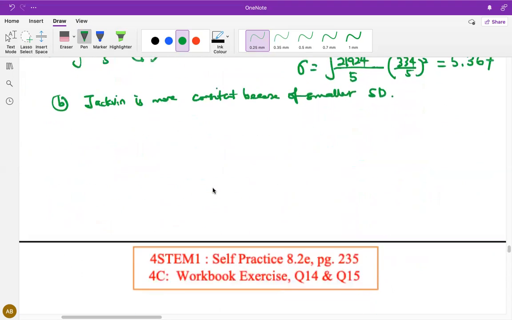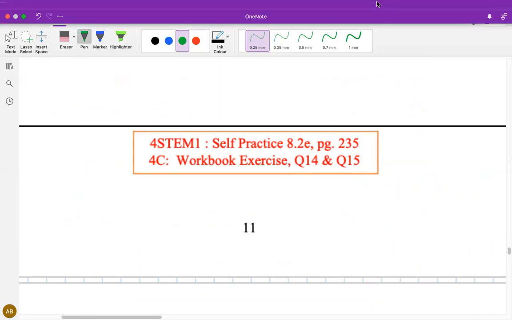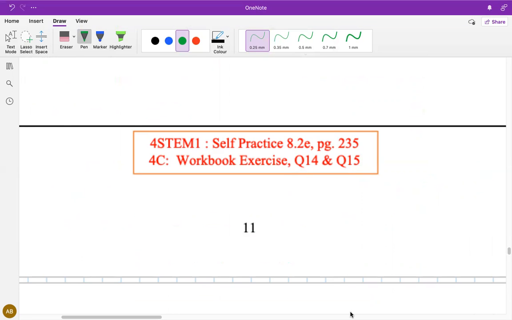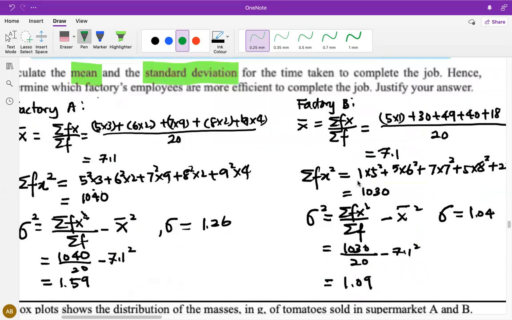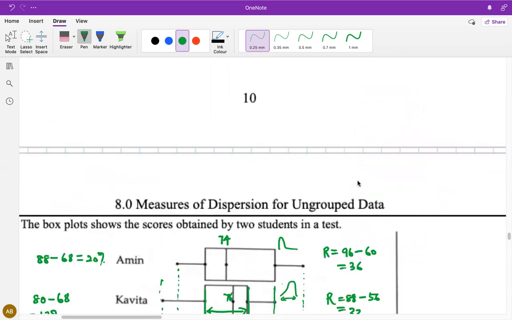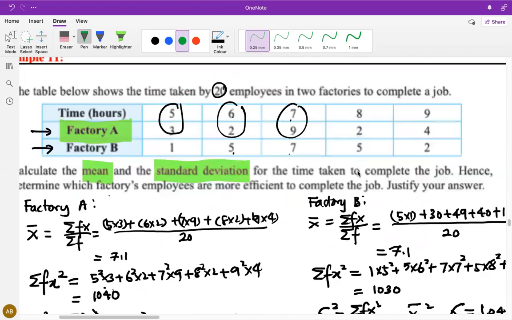All right. So for STEM 1, do the self practice at point 2E, page 235. So this is the recording video for point 2.5, right?